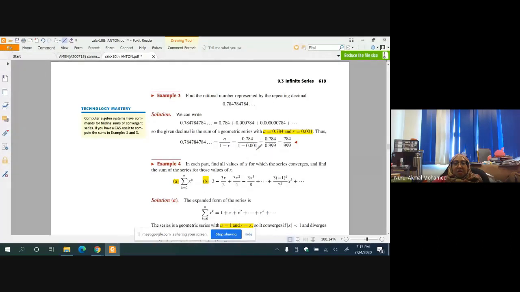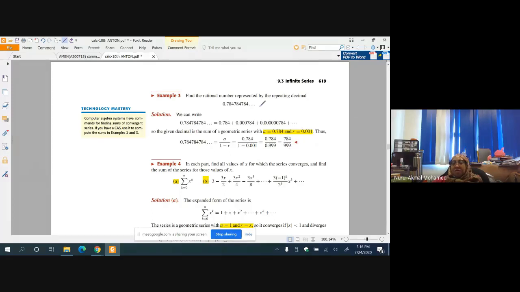You substitute all the numbers and get the value, 784 divided by 999. So this is how you represent the repeated decimal number 0.784784 in terms of a rational number, which is 784 divided by 999.